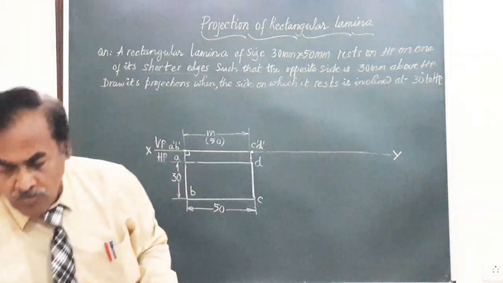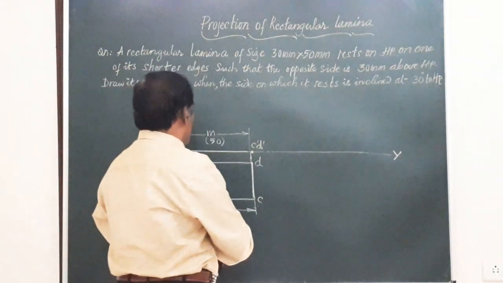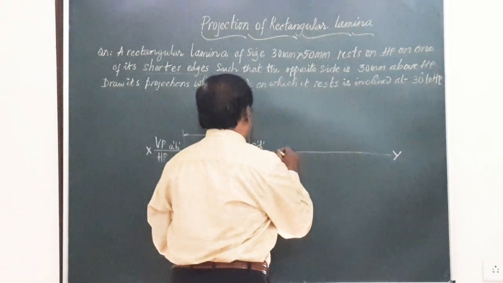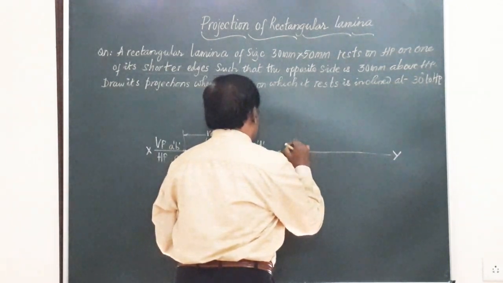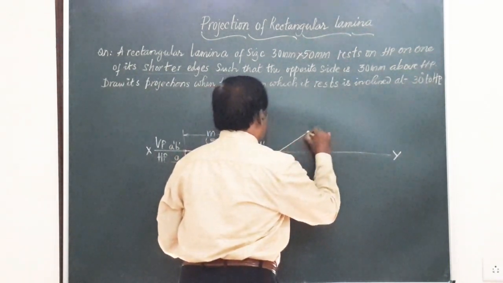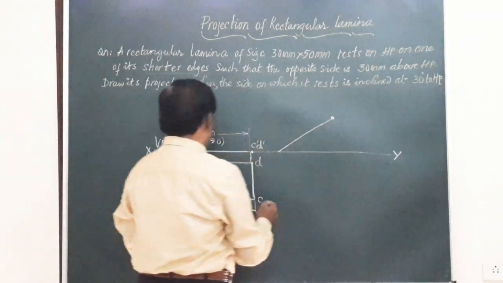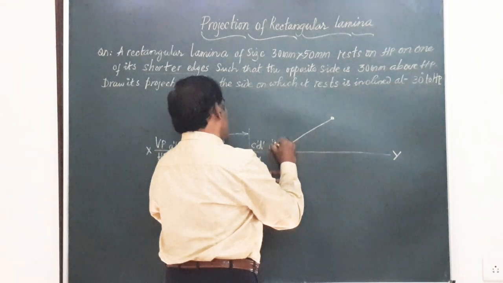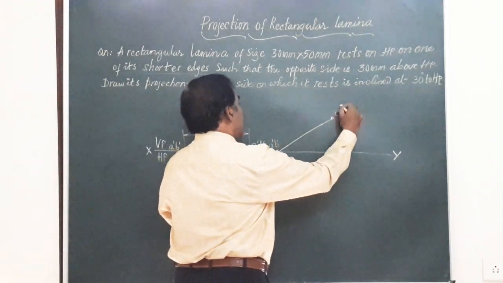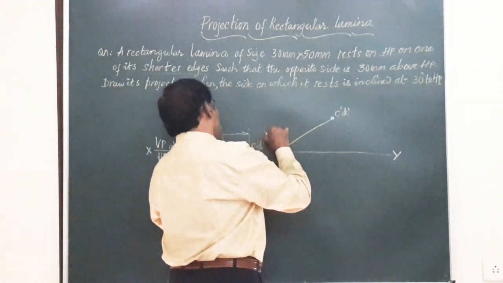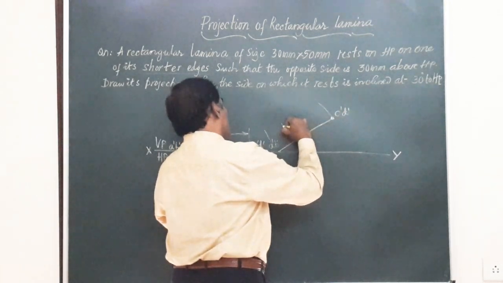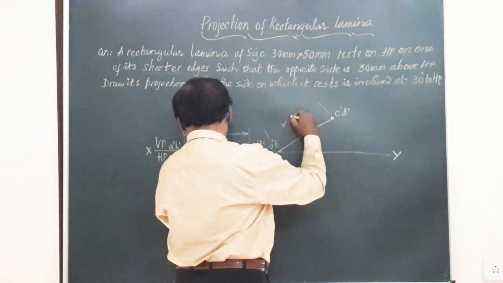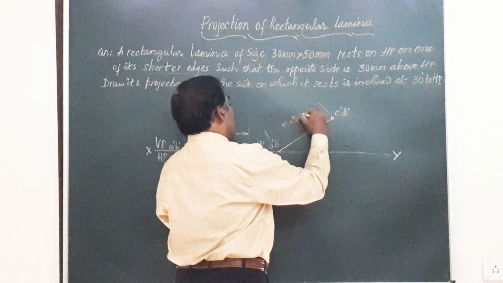Friends, what we do now is, we have the front view. Let us redraw this front view from any point on this XY line by a line of length equal to M. This M is this M. So we will mark this as a dash, b dash, c dash, d dash, and this will have a length equal to M, which is again equal to 50 mm as specified in the problem.